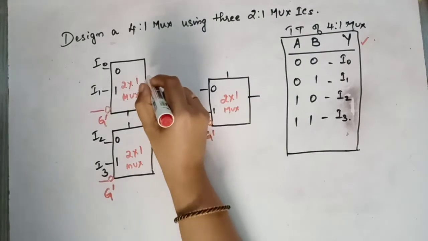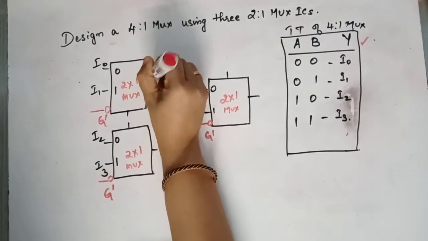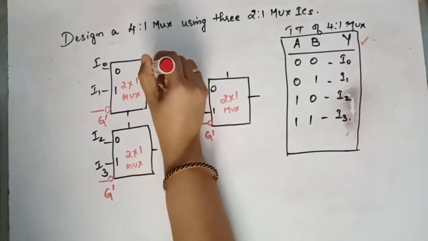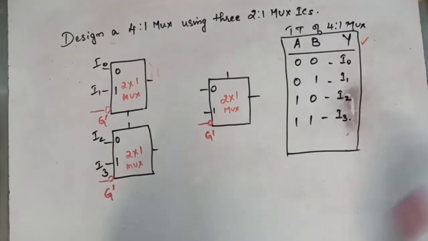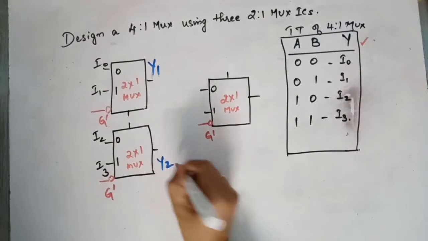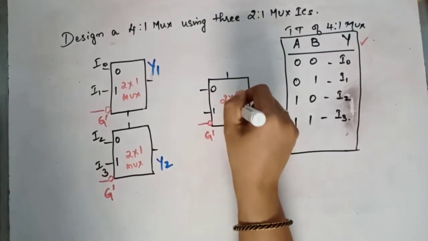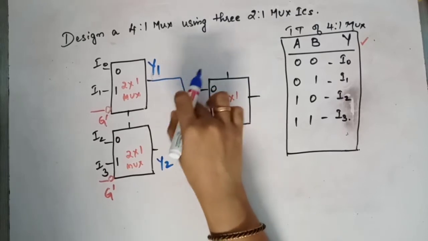So what we do is, suppose this is my Y1 and the other one is my Y2. If this is my Y1, if this is my Y2, this multiplexer will select Y1 or Y2.